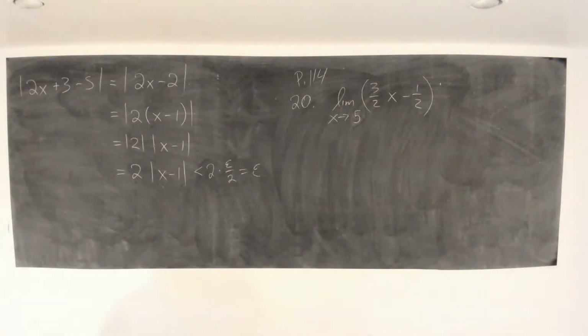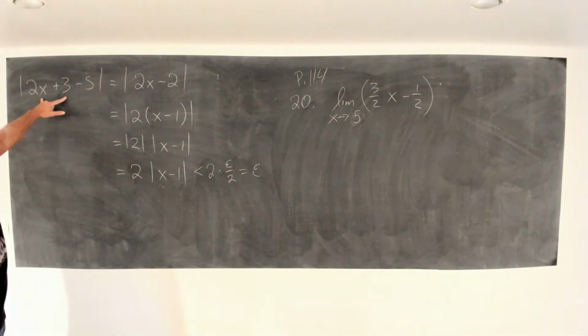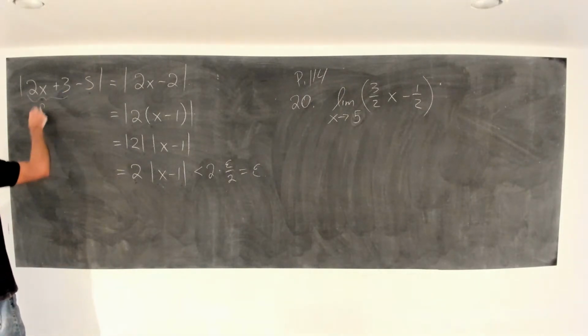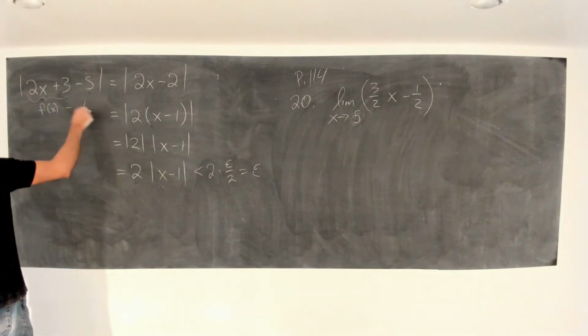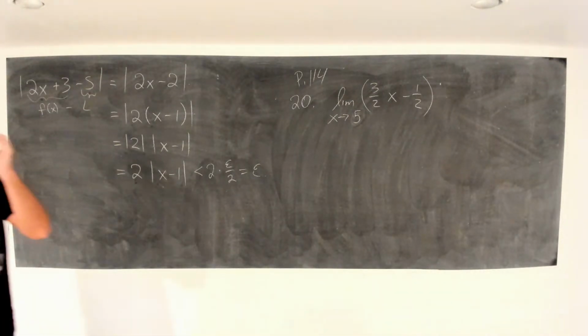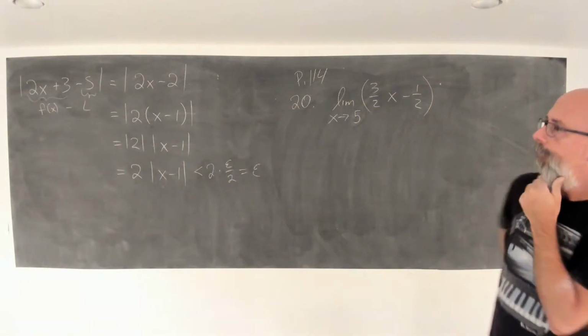Where did we get the 2x minus 2? It's from here. F of x minus L. This is your f of x. And that's your L. Exactly that.